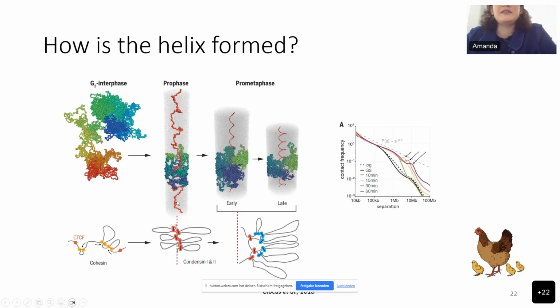And from this scaffold of proteins, loops of chromatin would emerge. And depending on the stage of compaction, this scaffold forms a helix that has smaller or bigger turns. So they detected this bump moving with the compaction. So this is late prometaphase, and this is early prometaphase, prophase.